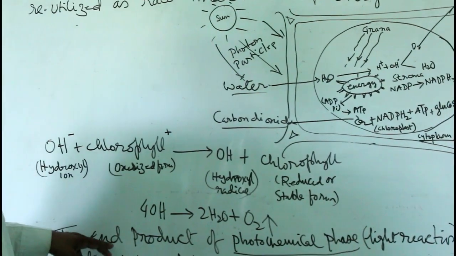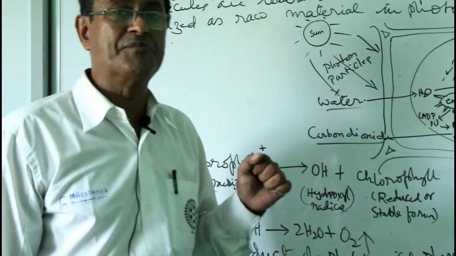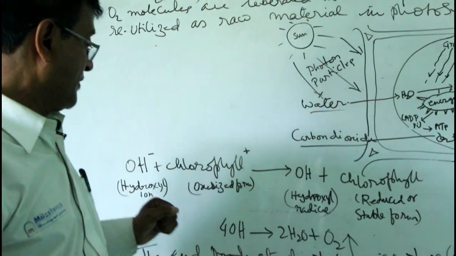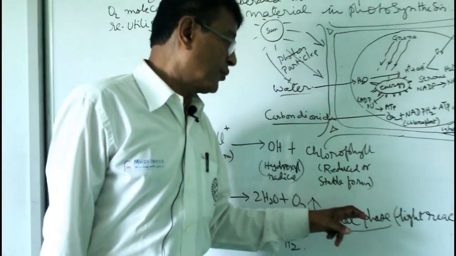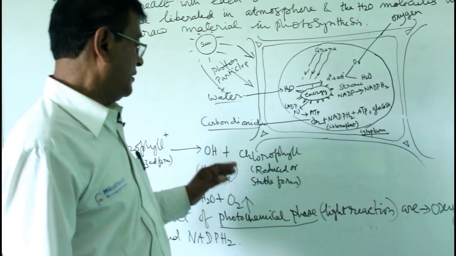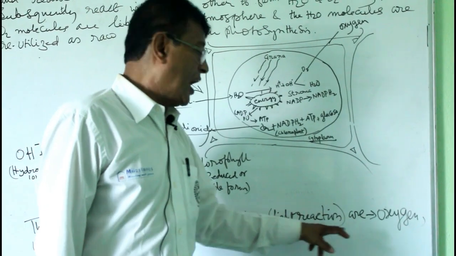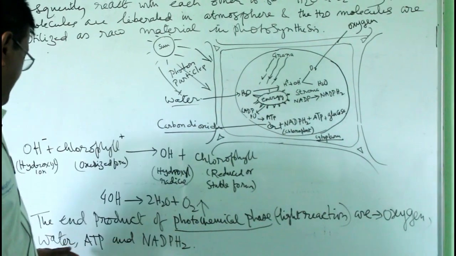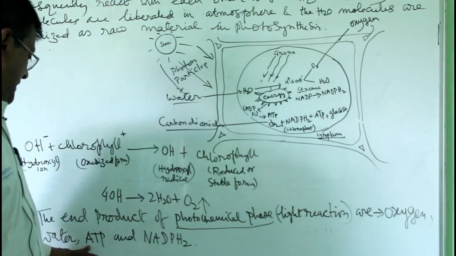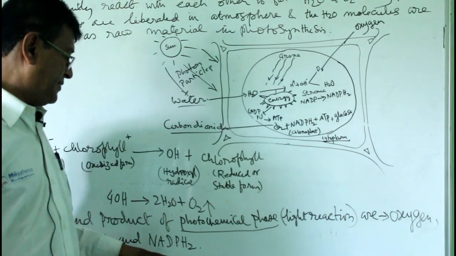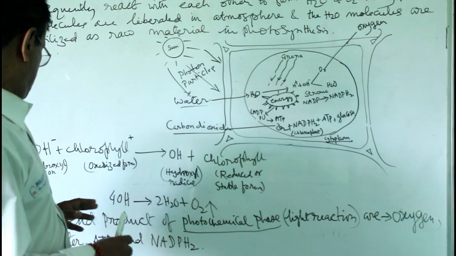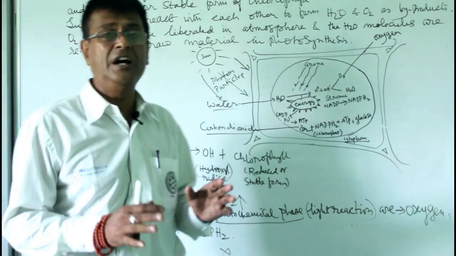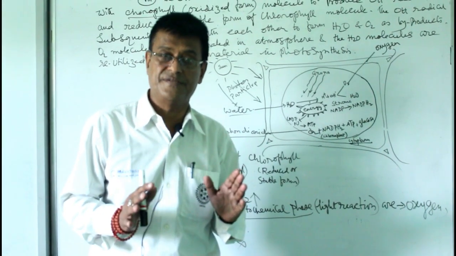The end products of the photochemical phase, that means the light reactions, are oxygen, water, ATP as adenosine triphosphate, and NADPH2. These are the formed products of the photochemical phase.